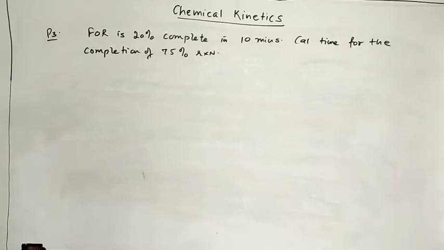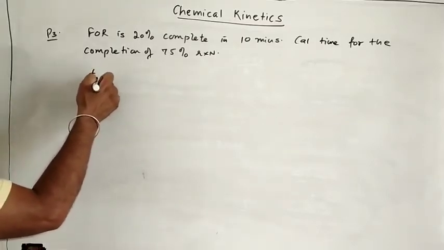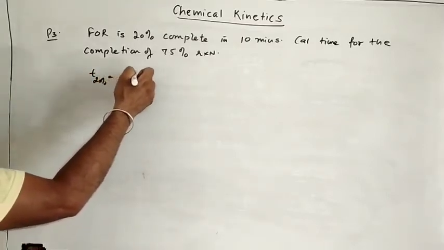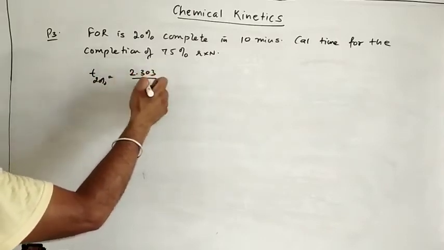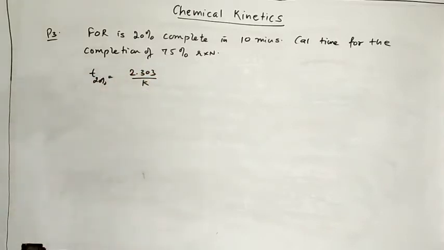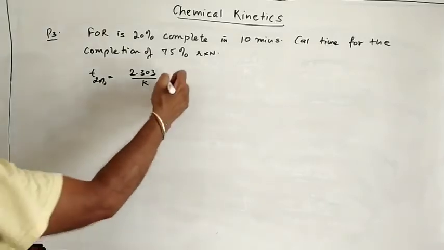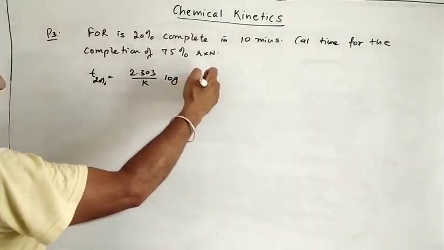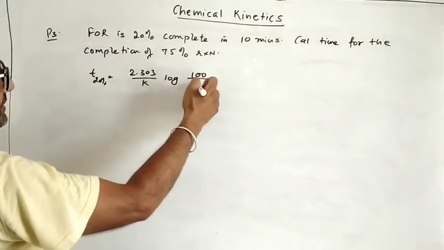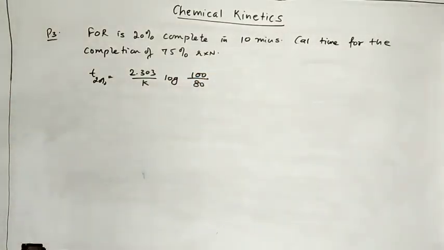For 20%, you can write the equation like this: t is 2.303 by K log 100 by 80, since 20% is completed and A minus X is 80.